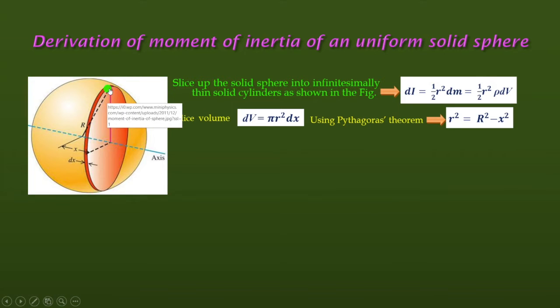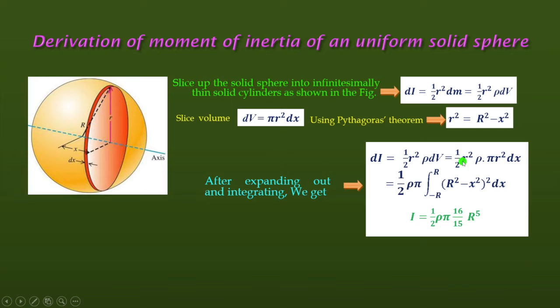Again, these three parameters r, capital R and x form a right angle triangle. So using Pythagoras theorem, we get r square equals capital R square minus x square. So this volume we can now write in terms of this, and then the volume is a function of x only.